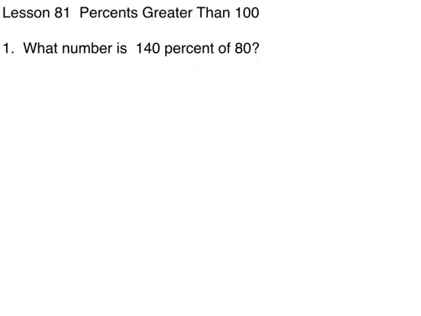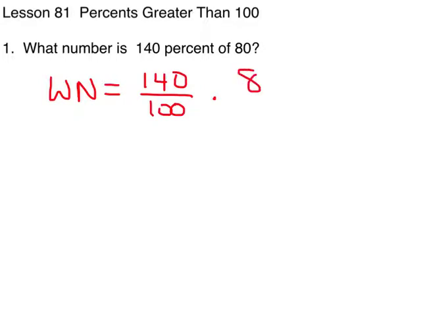What number, I'm going to say "what number is" means equals 140%. We're going to write that as 140 over 100. Of means times 80. So the first thing I want to do is divide 80 by 20 and make that a 4, and 100 by 20 would be a 5.